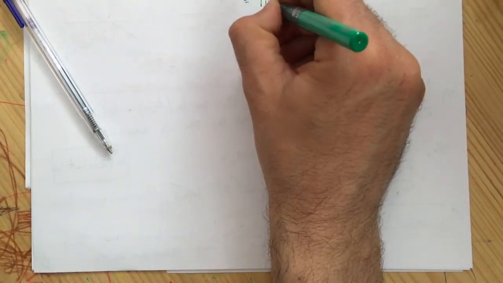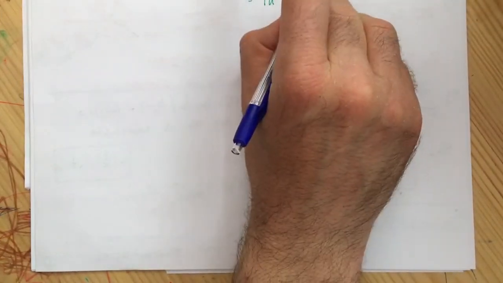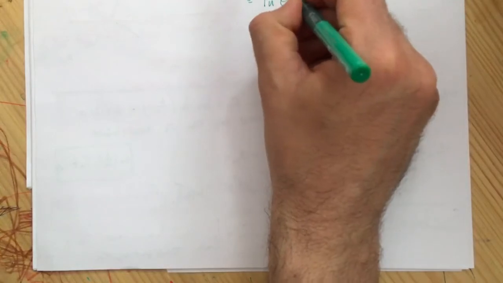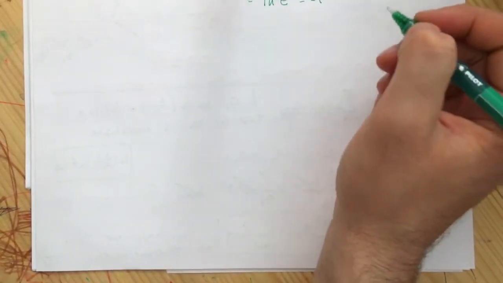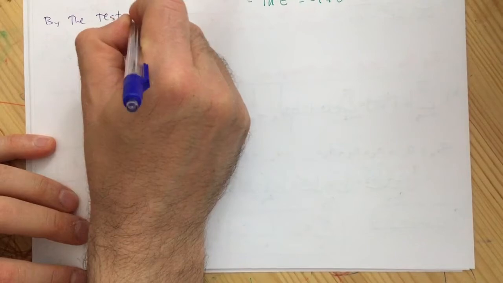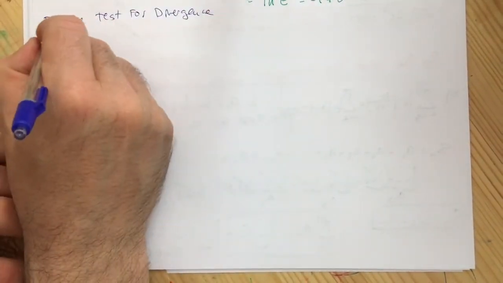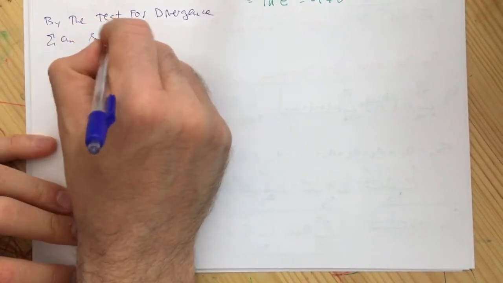So this converges as n goes to infinity to e to the power of negative 1. Be careful of the sign in front, right? So this is ln of e to the power of negative 1, and this is simply negative 1. Well, negative 1 is not 0, which means that the test for divergence works. The sum of an is divergent.